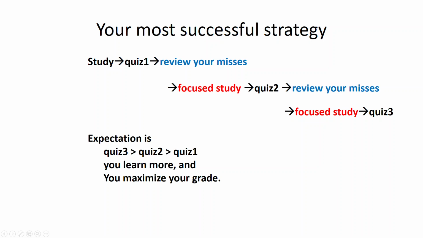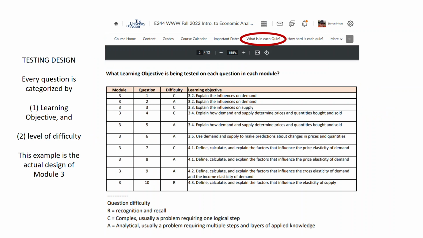Now, this maximizes your grade. All right. But I've already told you I don't care about grade. It actually maximizes your learning. So how do you know what these quiz questions are? Well, remember I told you in a previous video that you had a couple of menu items. What is in each quiz? Well, this example is module 3, and every question in module 3, 1 through 10, is rated by a learning objective and difficulty.